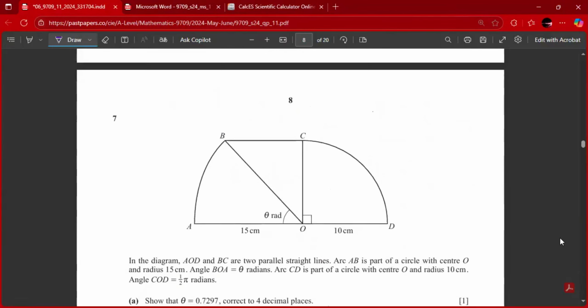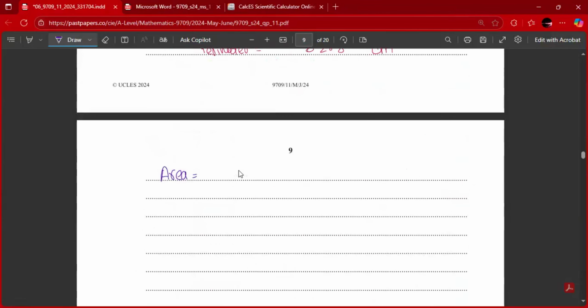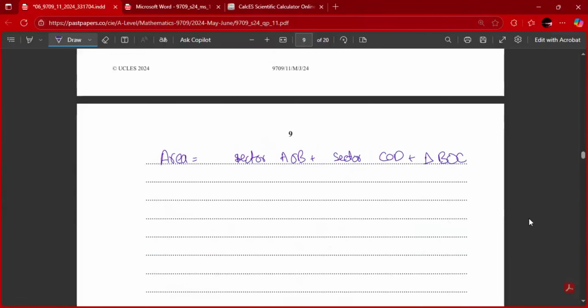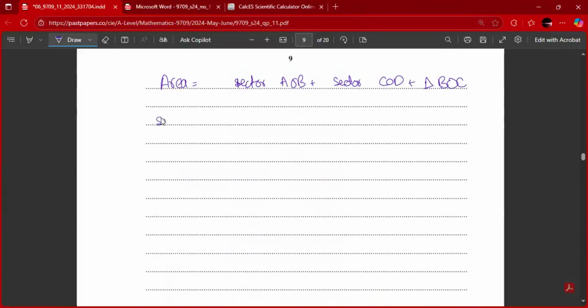Now let me just write the requirements: sector AOD plus triangle BOC. Now we have a lot of space, so we can do it separately.